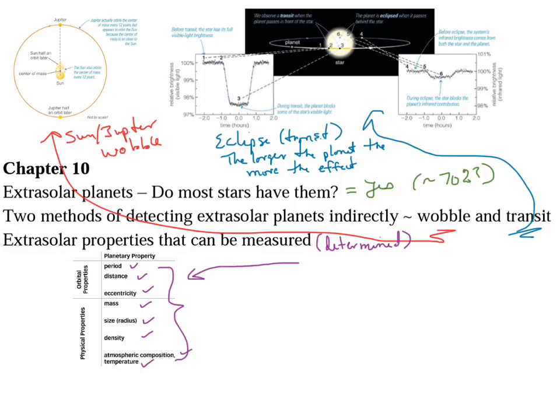Eccentricity, kind of the shape of the planet's orbit. We can get to the planet's mass, its size, its density. In some cases, we can actually know the atmosphere around the planet. That's why some of the excitement has come up with these extrasolar planets recently. And we can know the temperature of the planet. So very exciting stuff.